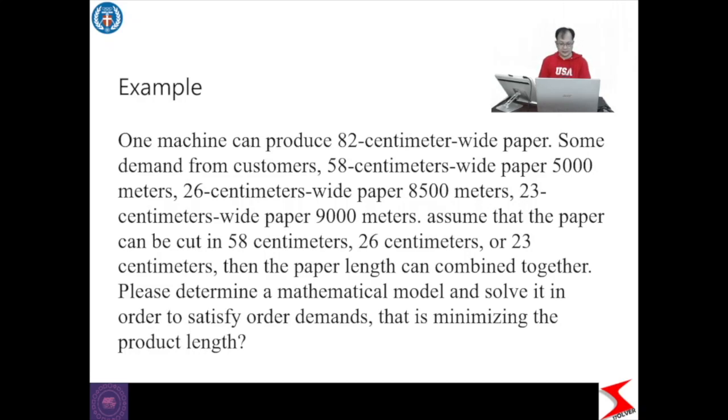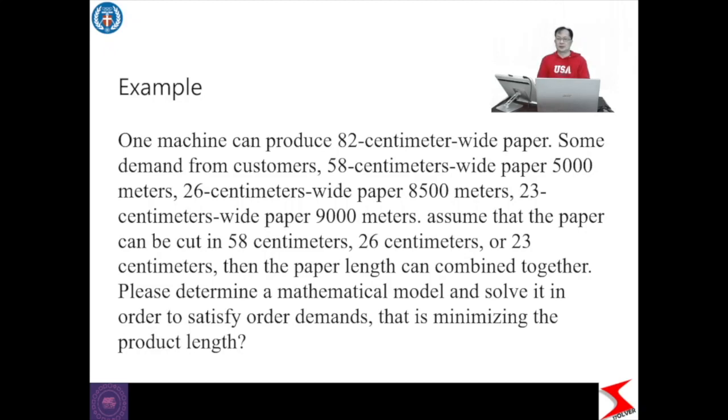Assume that the paper can be cut in 58 centimeters, 26 centimeters, or 23 centimeters. Then the paper lengths can be combined together. Please determine a mathematical model and solve it in order to satisfy all the demands. That is, minimizing the product length.